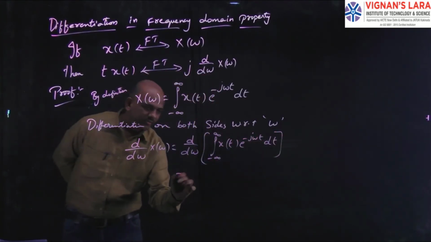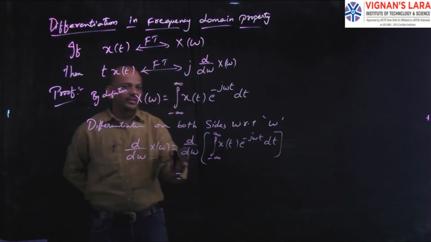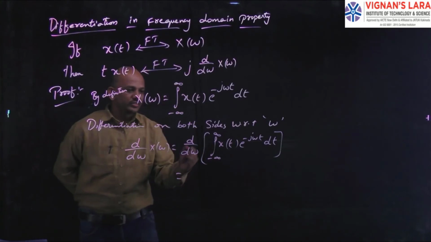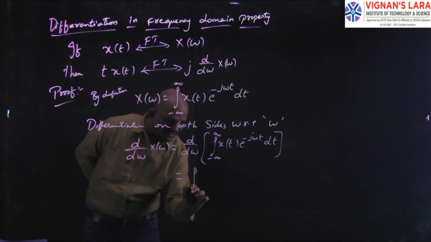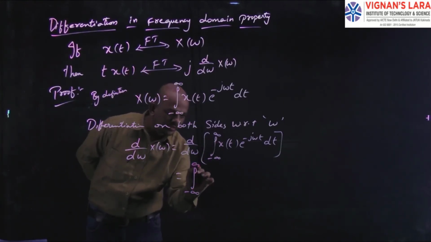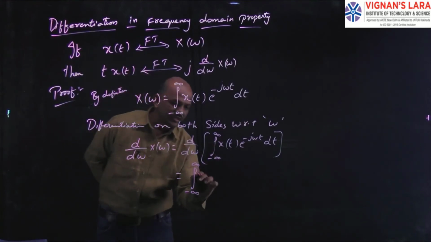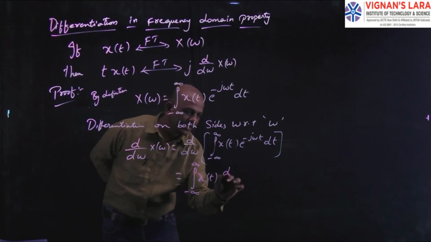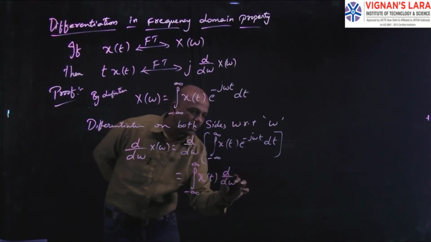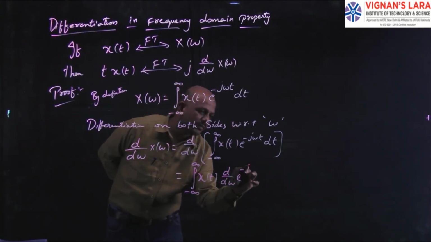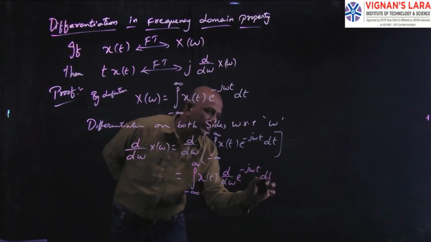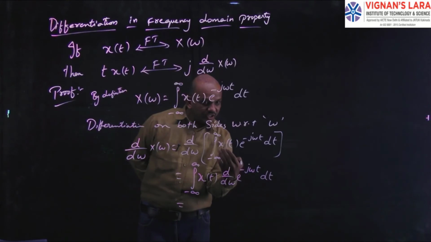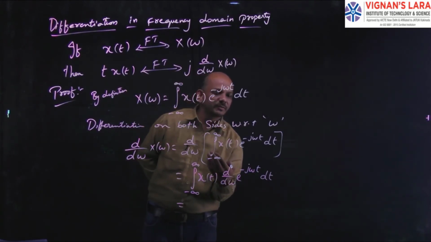Okay, that will be equal to, see, actually interchanging the order of differentiation and integration. So here I am writing the integration first, integral from minus infinity to infinity, next x of t, that is I am bringing the differentiation inside the integration, d by d omega of e power minus j omega t dt. I am differentiating with respect to omega.